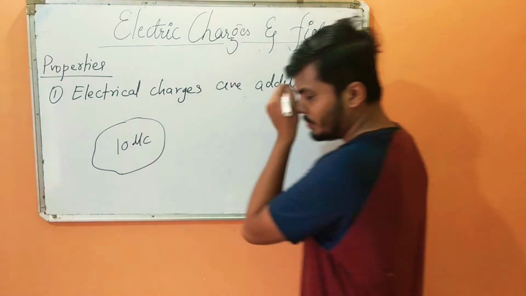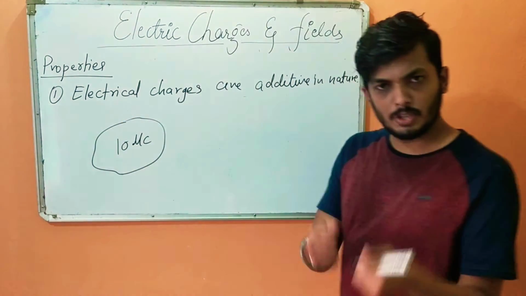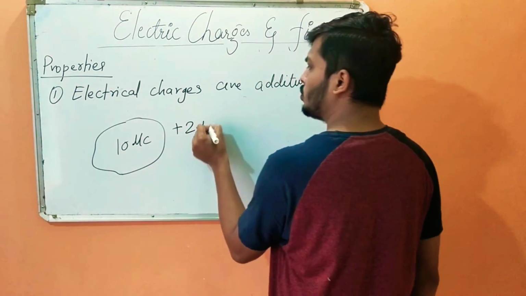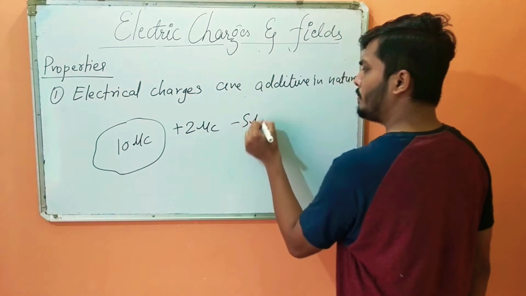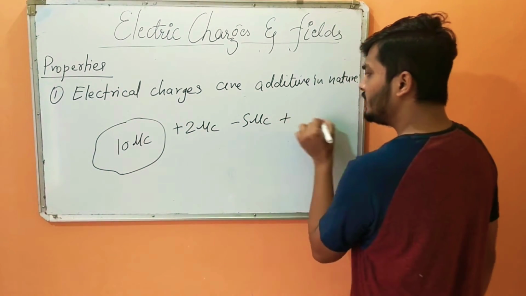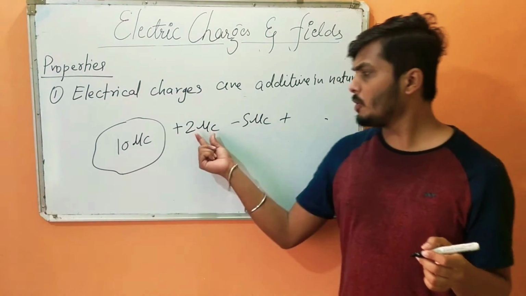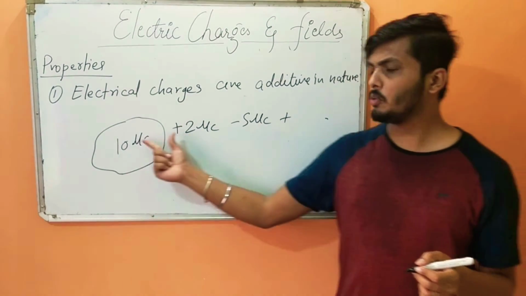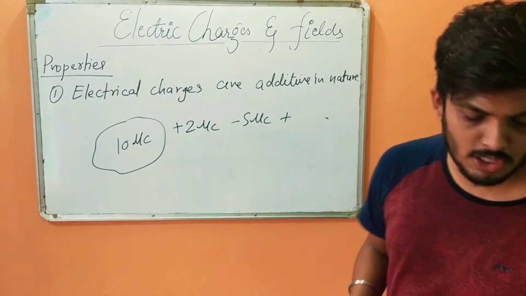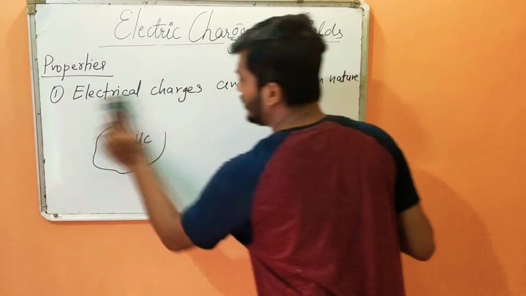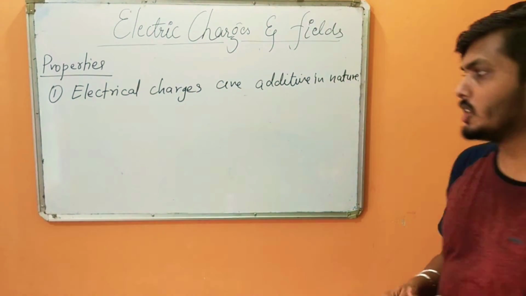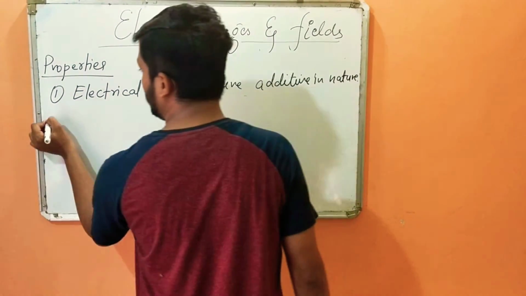When I rub this body, some 2 microcoulomb of electrons may go here, 5 microcoulomb may again be exchanged to the other. But when I add all these charges, the sum of all the individual charges will be equal to the charge of the isolated system. So electric charges are always additive in nature.